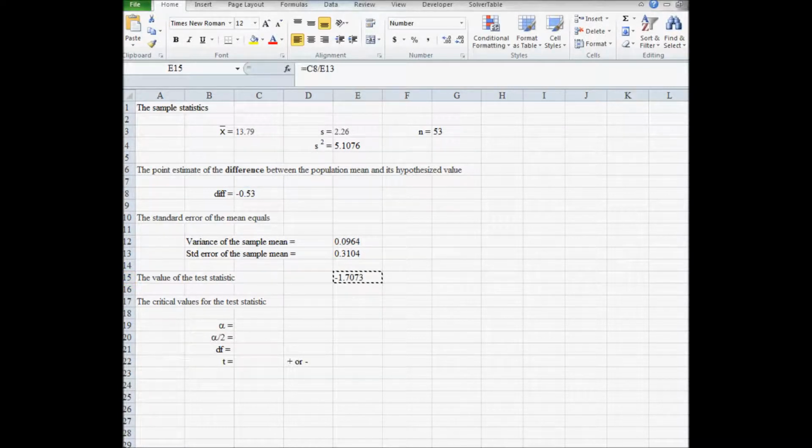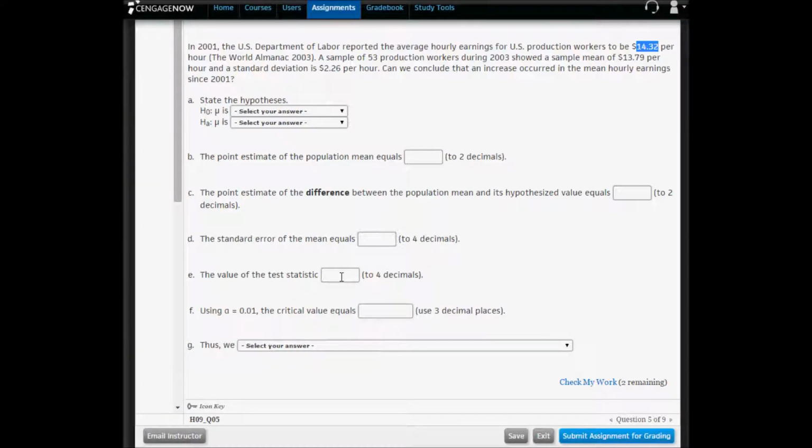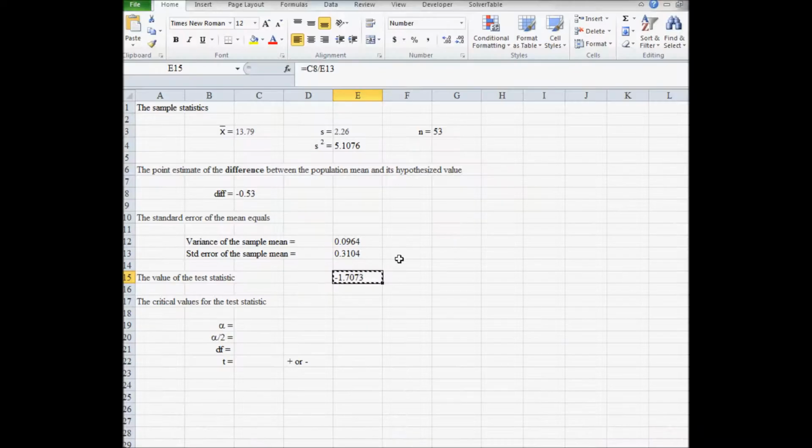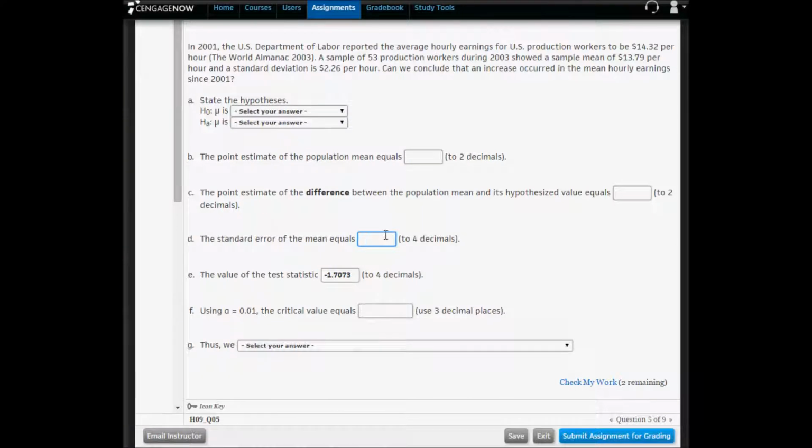Now I'm going to copy these values into the Cengage Now problem. So the test statistic at 4 decimal places, negative 1.7073, is going to be pasted into here. The standard error of the mean to 4 decimal places, 0.3104, is going to be pasted into here.